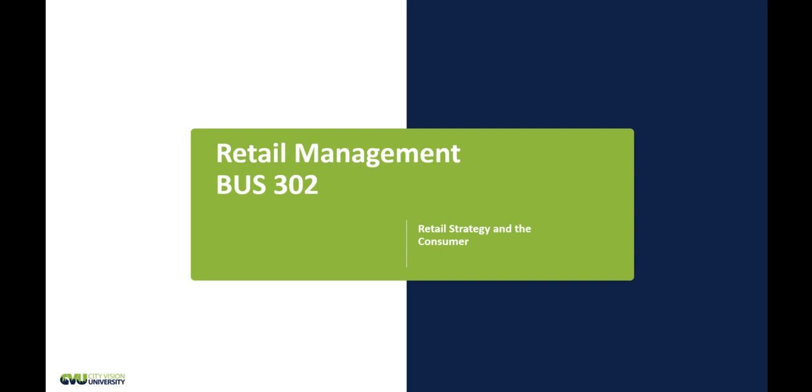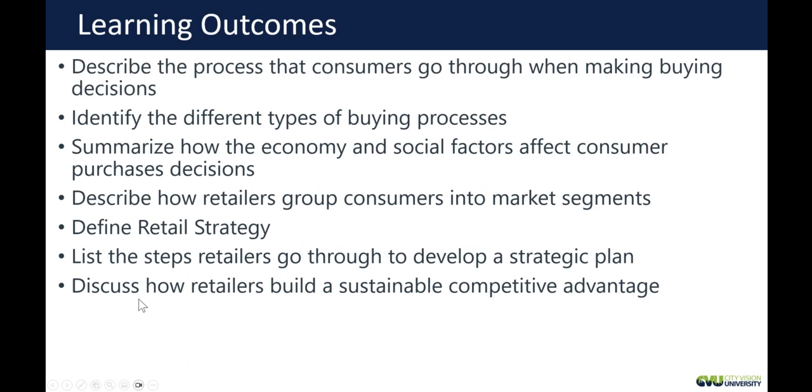This week we are going to be talking about retail strategy and consumers and how your strategy affects the consumers. More specifically, we're going to be looking at the consumer buying process, the process that they go through, and different types of buying processes.